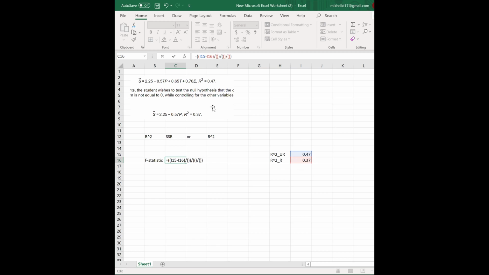Oh, I'm sorry. For the denominator? For the numerator. The numerator? Yeah. We have 1, 2, 3 restrictions, right? Or 2. 2, that's correct. Why? Because T and E aren't in the bottom one, right?